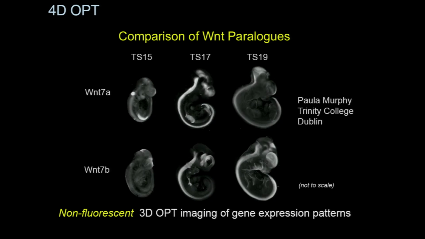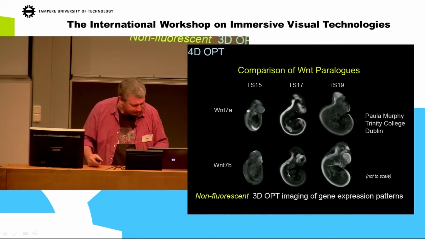So what we're doing here is actually looking at different embryos. These are supposed to be turning, but you get the idea. It's 3D data showing the different gene expressions. This one is expressed mostly here in the spine, here in a couple of spots there. We build up a library of these structures at different points in time.